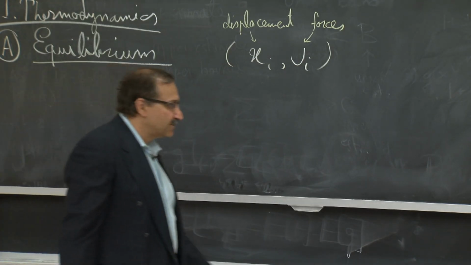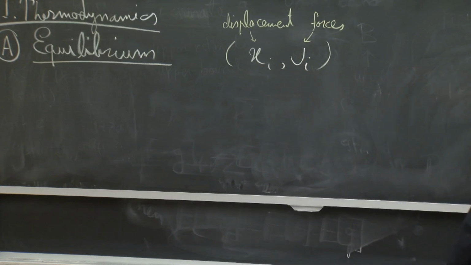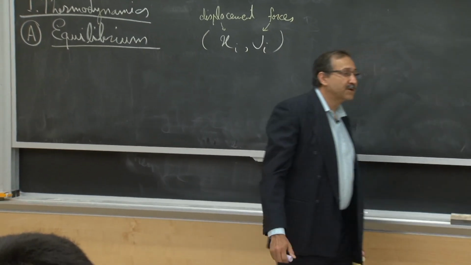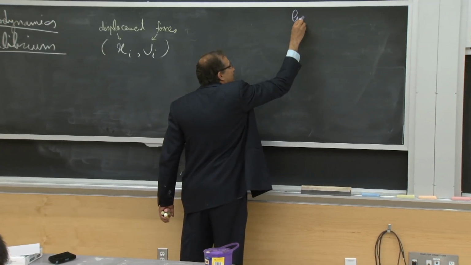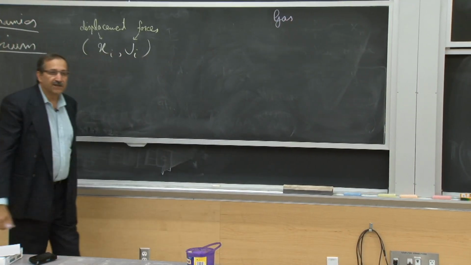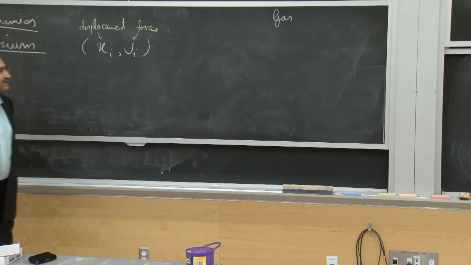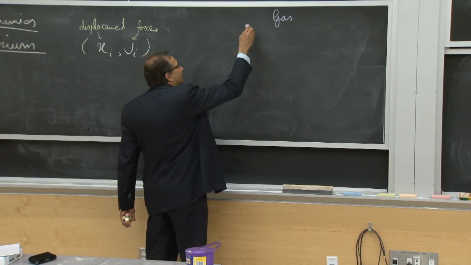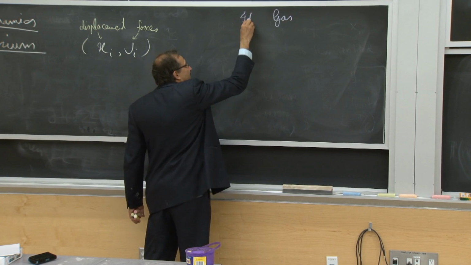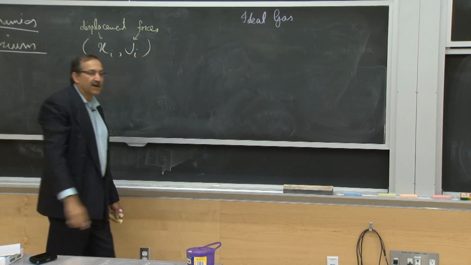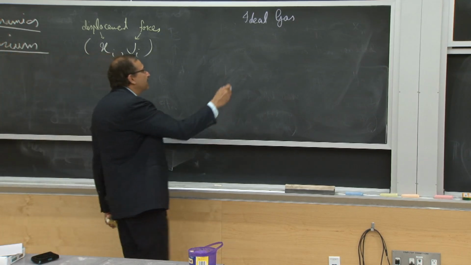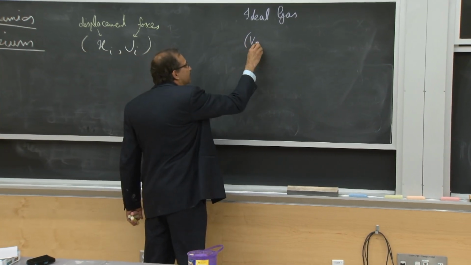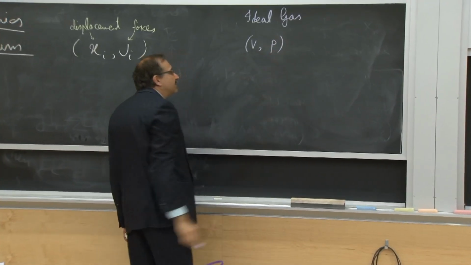One of the things that I will do throughout is to emphasize that one of the main materials that we are going to look at and illustrate the concept with is the gas, and in particular, the version of the gas that is the ideal gas. But forgetting the ideal part for the time being, the coordinates that we use to describe the gas with are V and pressure.